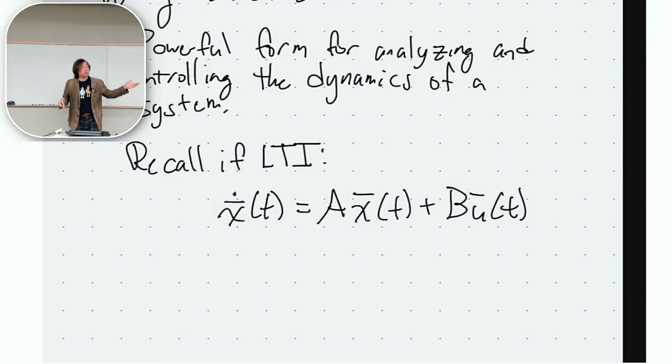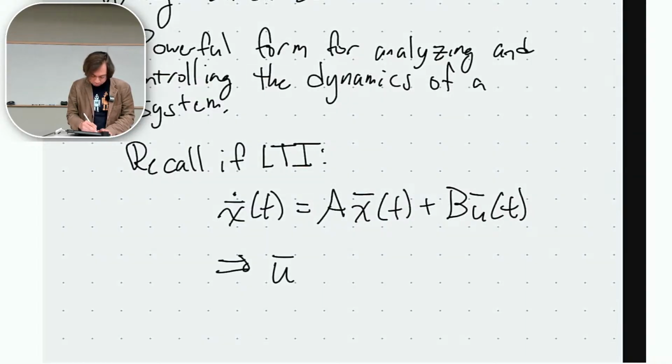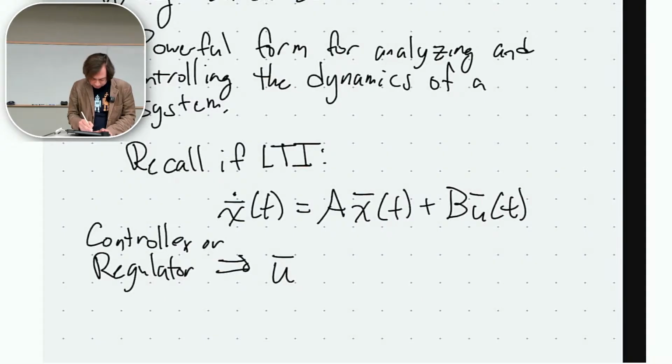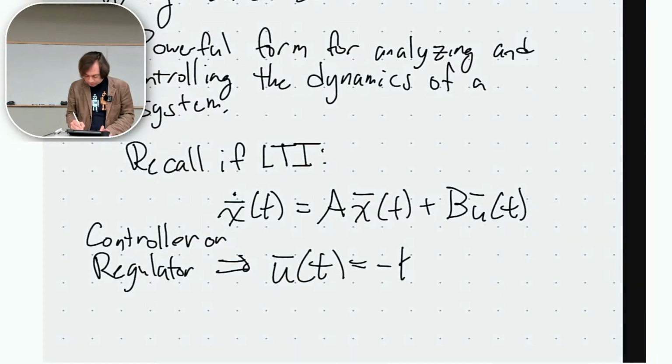And with that form, we were able to come up with controllers. For our control input, we had what we call a regulator or a controller. They're very similar, slightly different. We have a controller or a regulator, where you say u of t is equal to some minus K times x of t.